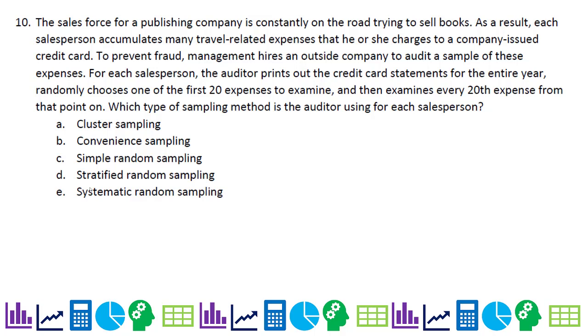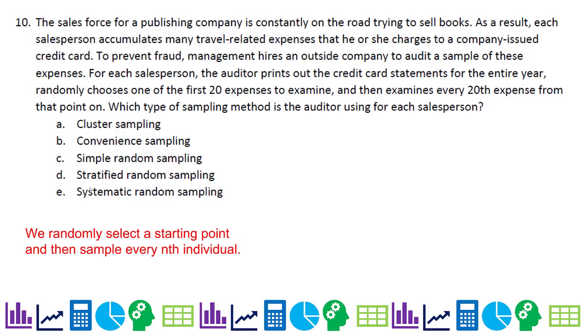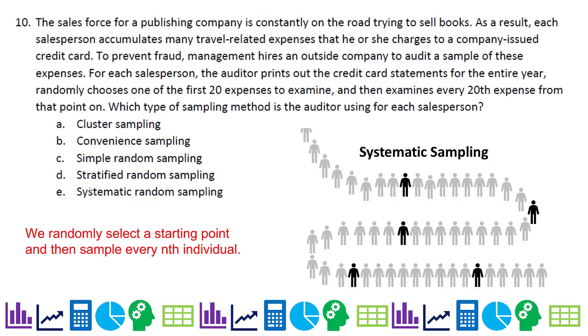For each salesperson, the auditor prints out the credit card statements for the entire year and randomly chooses one of the first 20 expenses to examine, and then examines every 20th expense from that point on. Which type of sampling method is the auditor using for each salesperson? So we're randomly selecting a starting point from the first 20, and then we're doing every 20th. Hopefully you recognize this is systematic sampling.